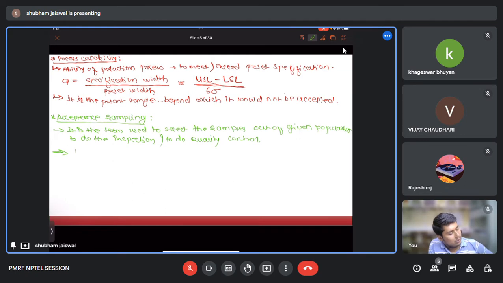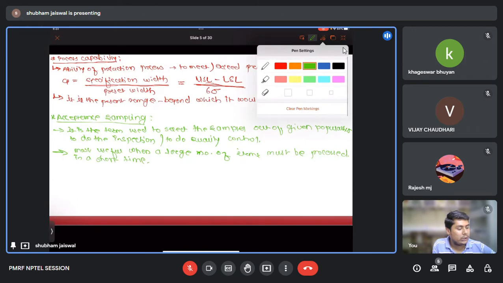So it is most useful when a large number of items must be processed in a short time. So this is about acceptance sampling.